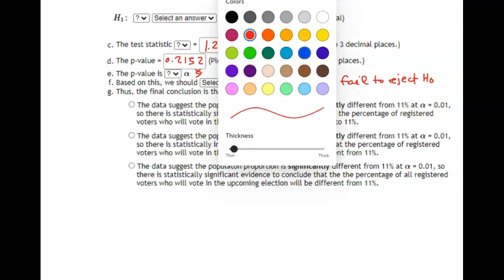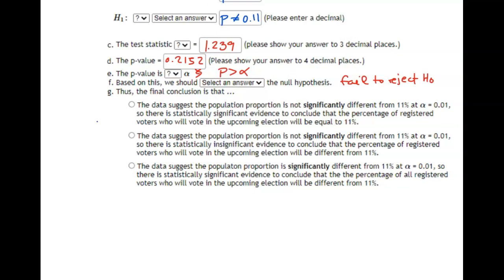The conclusion is basically that when you fail to reject, there's not enough statistical evidence to show that there's a difference. So the data suggests the proportion is not significantly different, and there's insufficient evidence to conclude that it's different.